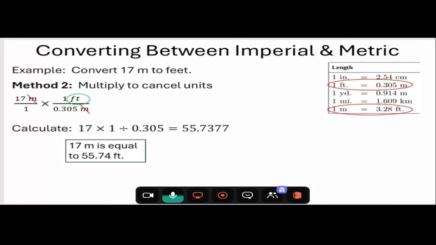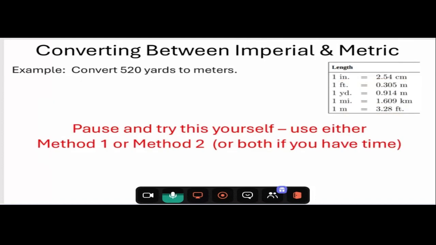So sometimes you can pick either one of the ratios that you want. Sometimes, though, you can't. As in this case, 520 yards to meters, there is only one option. 1 yard equals 0.914 meters. So I'm going to let you try that.